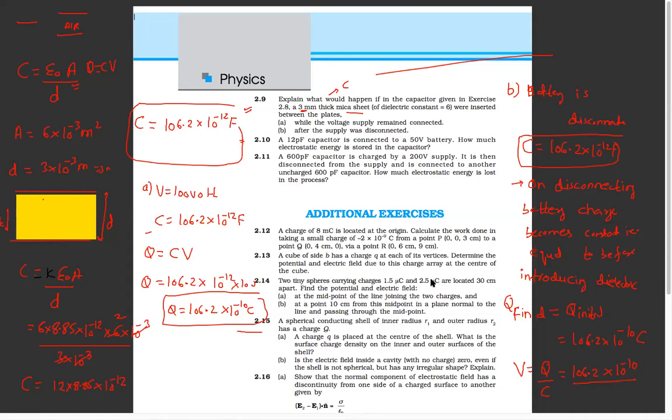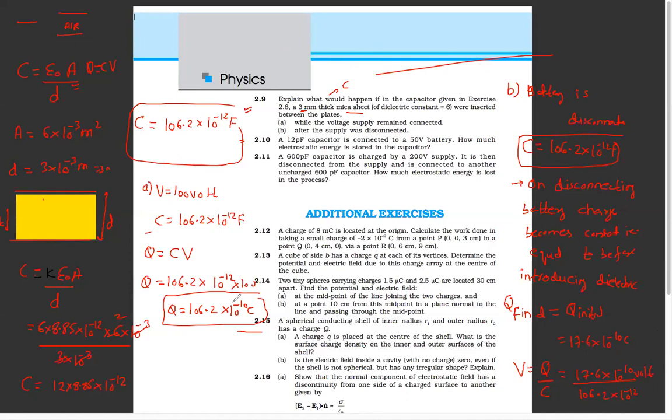Yes, I'm asking about the charge in the last section. What was the value of charge? 17.6 into 10 raised to minus 10. So potential is 17.6 into 10 raised to minus 10 divided by C, which is 106.2 into 10 raised to minus 12.